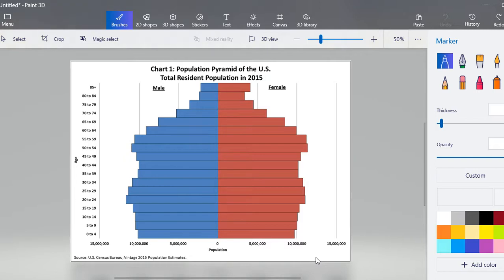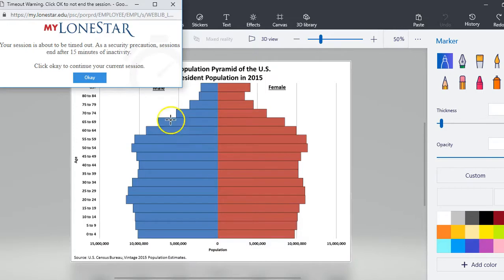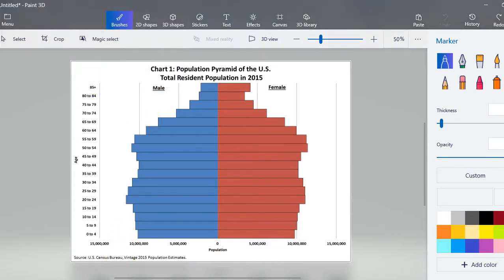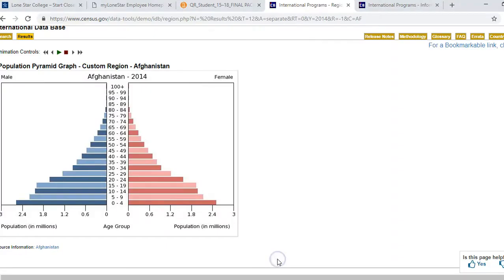Also, the United States population includes a significant percentage of people aged 70 and older, about 20% of the population. Whereas, if you look at the Afghanistan population, it's very small in the ages 70 and older and makes up less than 3% of the population.